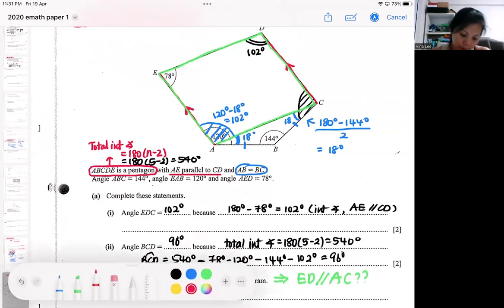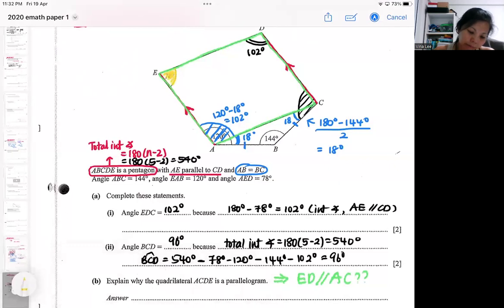Look carefully. I think I should use yellow color. The 102 and the 78 add up to 180.